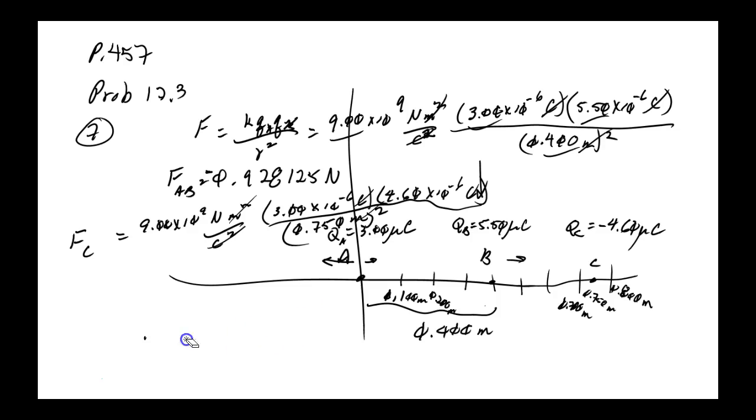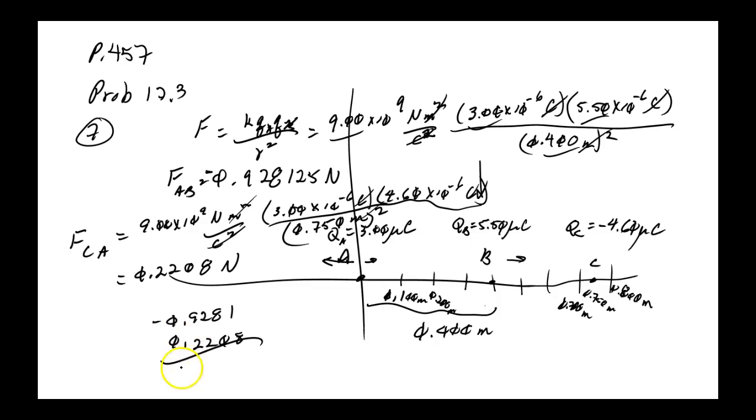Okay. Force of C on A would be what? 0.2208 newtons. Okay? So we have a negative 0.292, negative 0.9281, and a positive 0.2208.